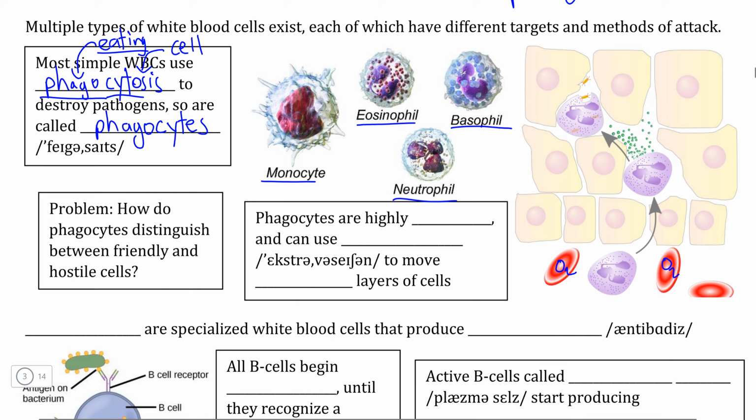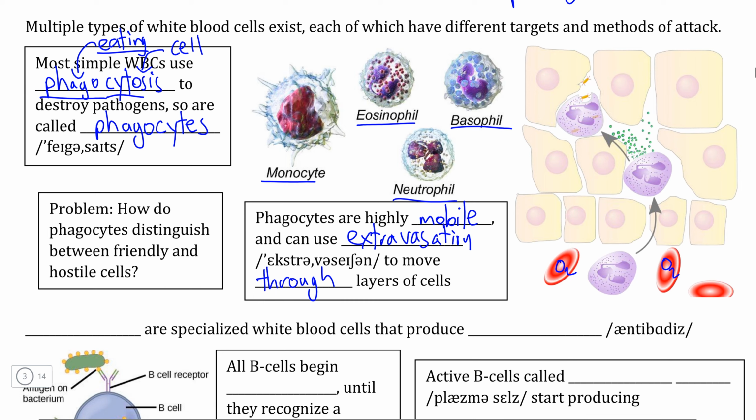Now, because phagocytes need to get close to pathogens to actually destroy them, because they're literally eating them, phagocytes by necessity are highly mobile. Not only can they use your larger blood vessels like arteries and veins to freely move around the body, but they can actually extend and contract their cell membrane to basically crawl along the walls of your organs and blood vessels, as well as use a technique called extravasation in order to actually transport themselves through different layers of cells.